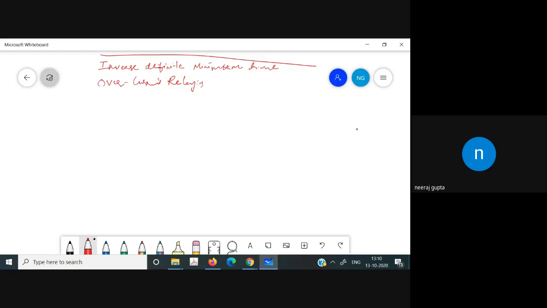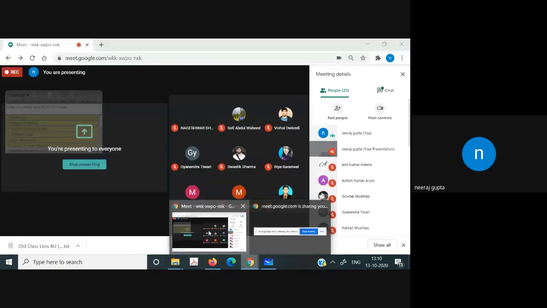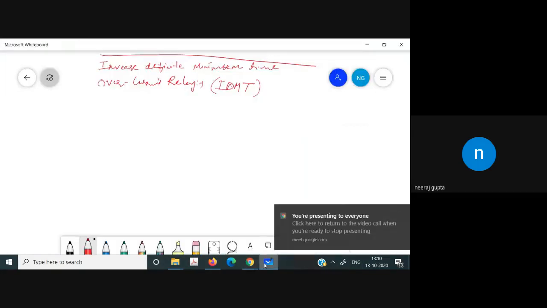So this is also known as the IDMT relay. DTOC, that is definite time over current relay, and IDMT relays, these are mainly used for many applications. Now this is the IDMT relay.